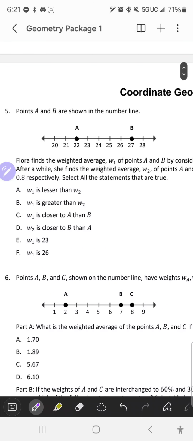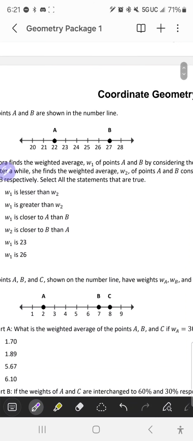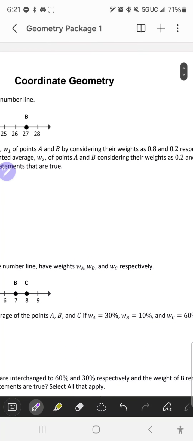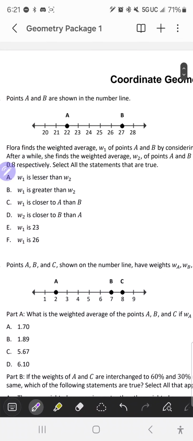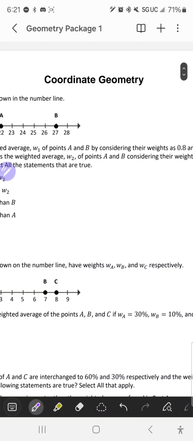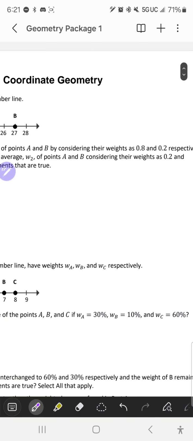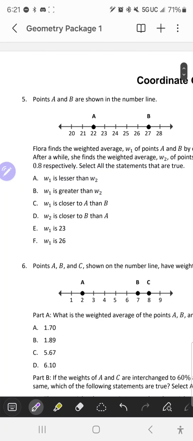Now, Flora finds the weighted average W1 of points A and B by considering the weights as 0.8 and 0.2 respectively. After a while, she finds the weighted average W2 of points A and B considering their weights as 0.2 and 0.8 respectively. Select all the statements that are true.